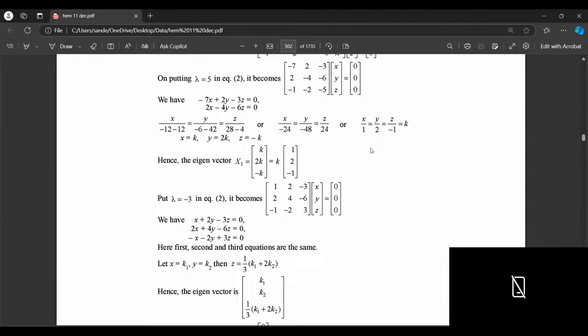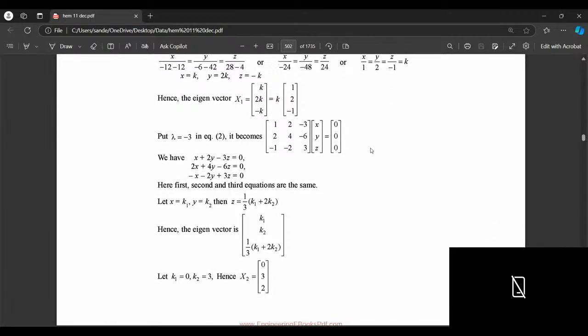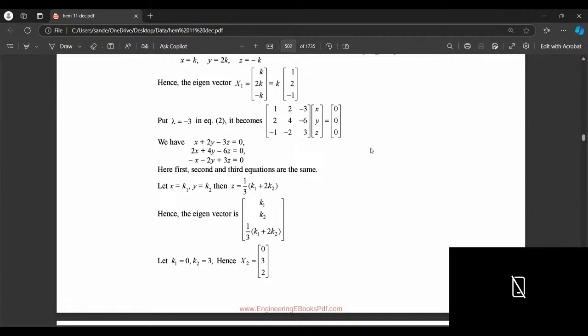Hence the eigenvector is k1, k2, 1 by 3 times k1 plus 2k2. So here we have to choose values of k1 and k2. You can take k1 is 0, k2 is 3, or k1 is 0, k2 is 1 also you can take, no problem.